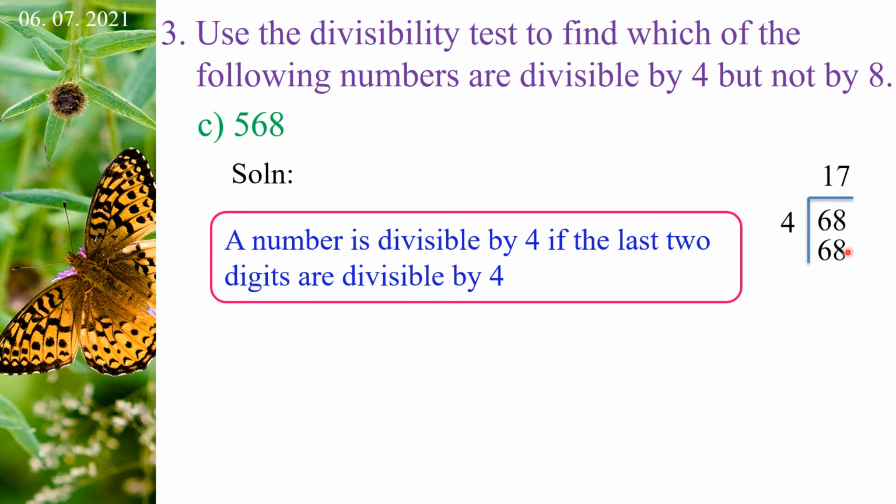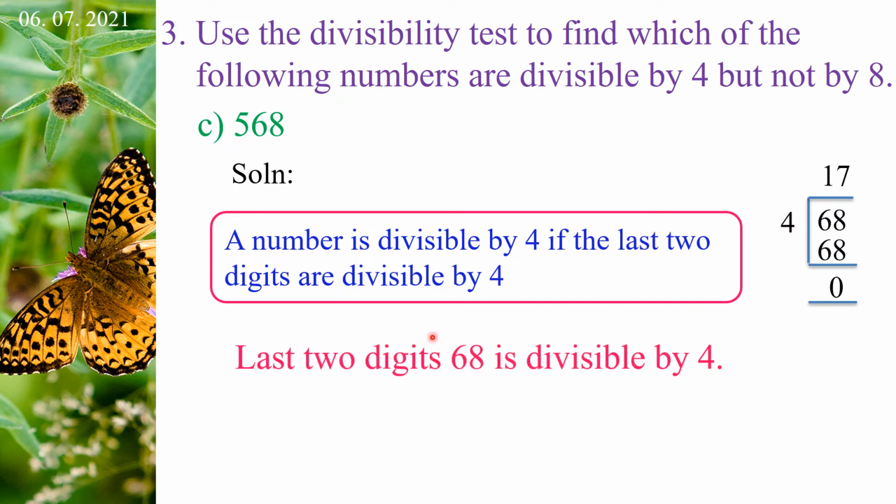Now 68 subtract from 68, so we get 0. So the remainder is 0, which means 68 is divisible by 4. Isn't it? So the last two digits 68 are divisible by 4.